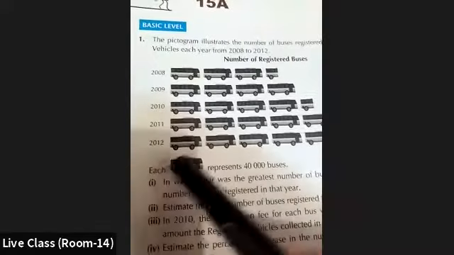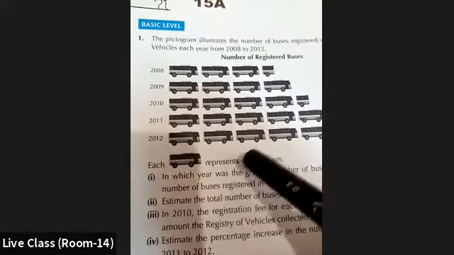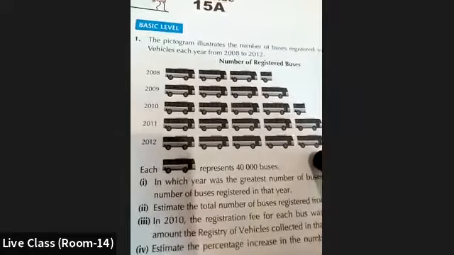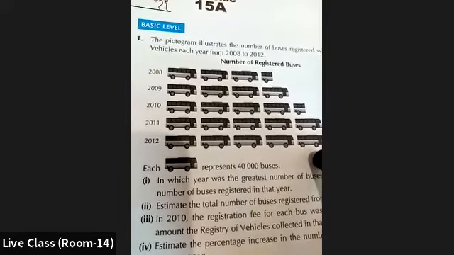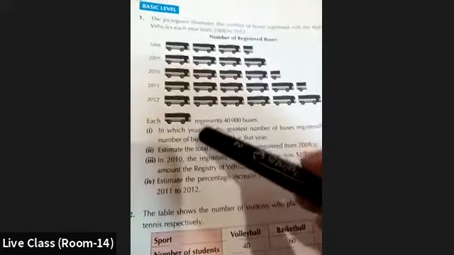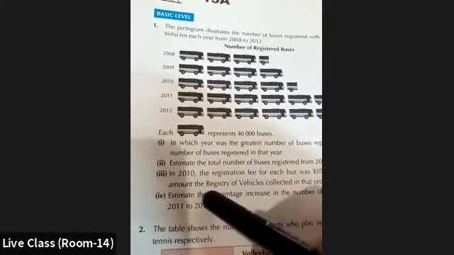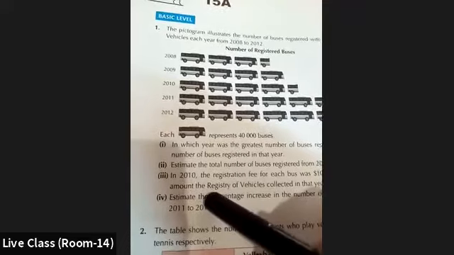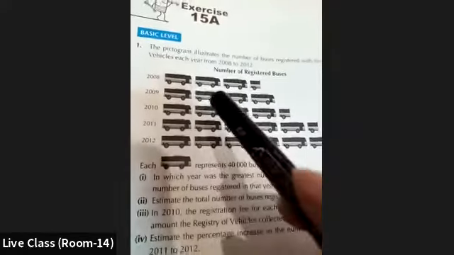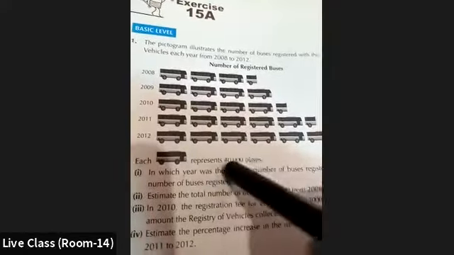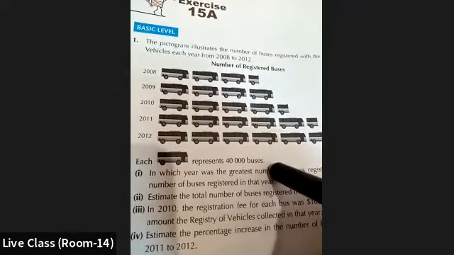Each bus represents 40,000 buses. You only have to copy these parts 1, 2, 3, 4.